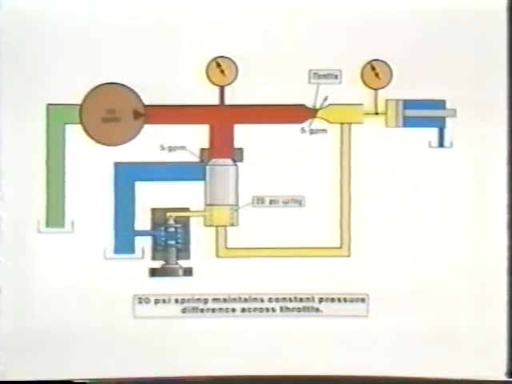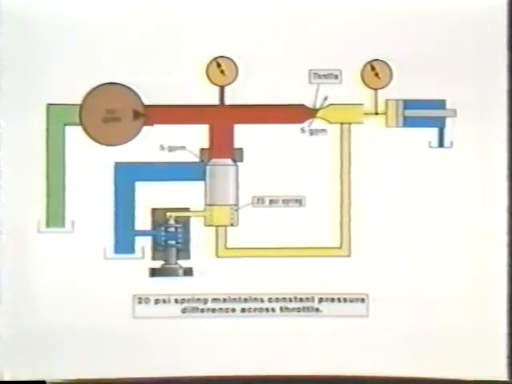With pressure of 10 psi plus a spring that's worth 20 psi, the pressure required to open this valve and bypass the excess will have to be 30 psi. What's the pressure difference across the orifice? Still 20 psi. And 20 psi gives us the same flow rate and consequently the same speed.